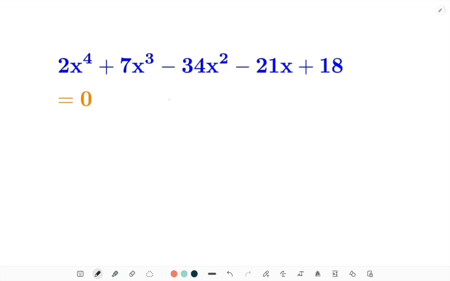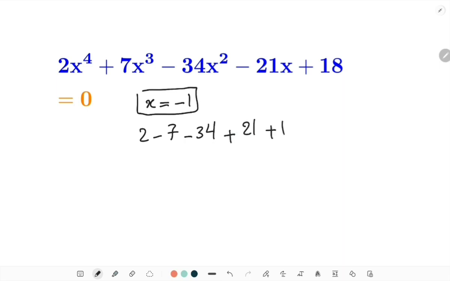If you just pay attention to the coefficients, you will find out that x equals -1 actually is a root, because that gives me 2 minus 7 minus 34 plus 21 plus 18, which is basically these two guys minus 41, and the other one's also 41, and that is 0.